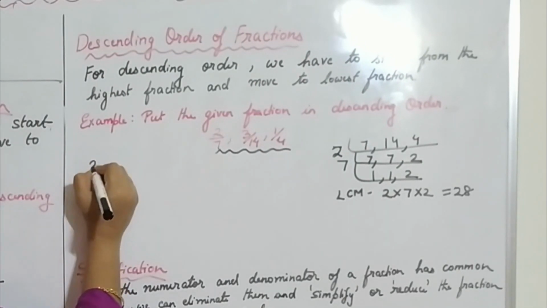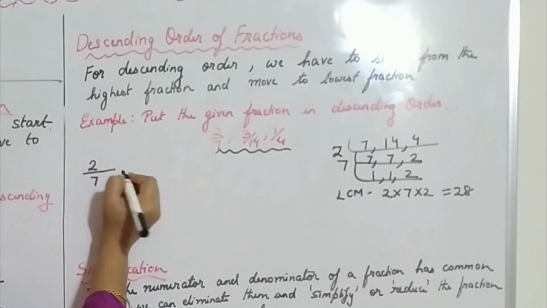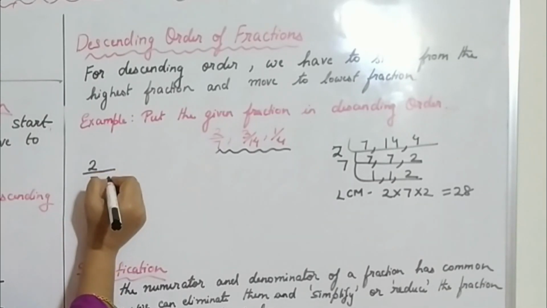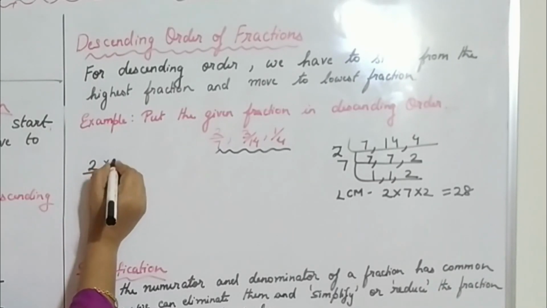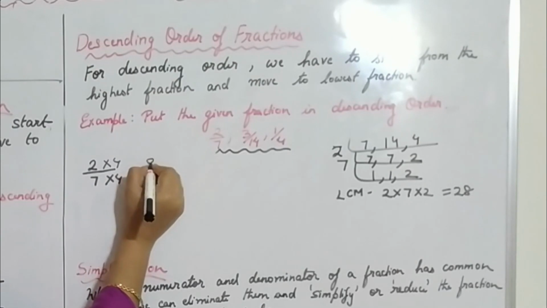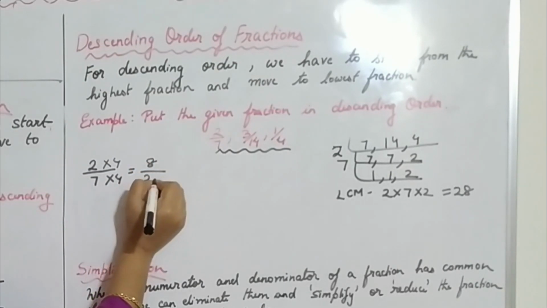So we'll take the first one, 2 by 7. 28 divided by 7 is 4, so you have to multiply by 4. 2 fours are 8, 7 fours are 28.